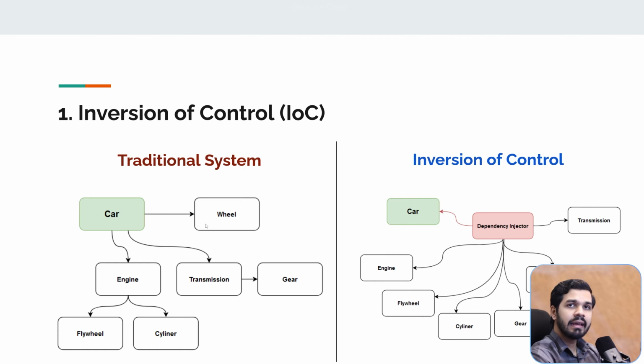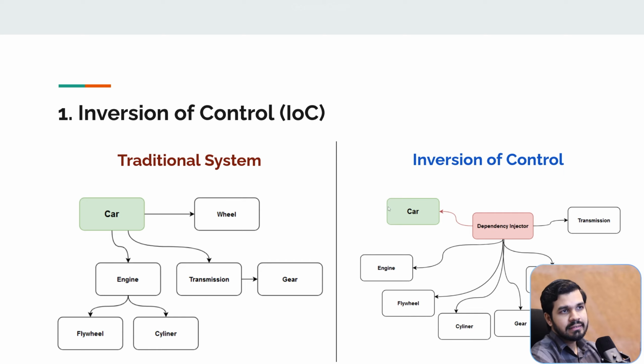So when we are building a car in a traditional system, we have to first create a wheel object and use it in the car, and we have to create a transmission object, and the transmission object requires another object called gear, like that. In the inversion of control concept, all these instance creations, all these classes are managed by a special entity called dependency injector.